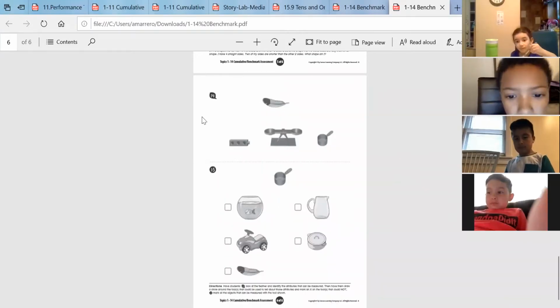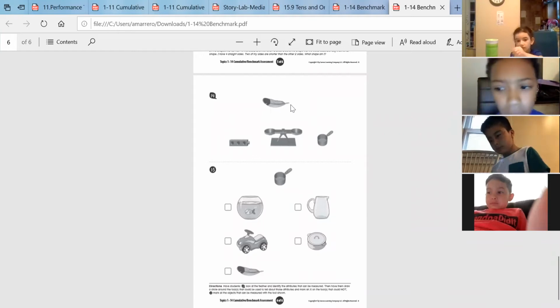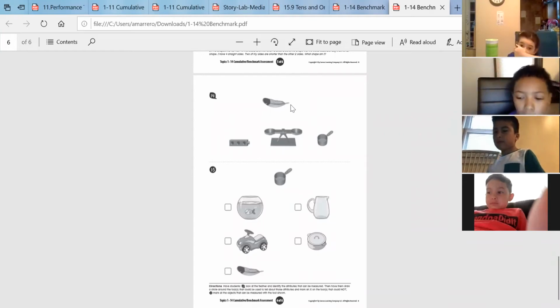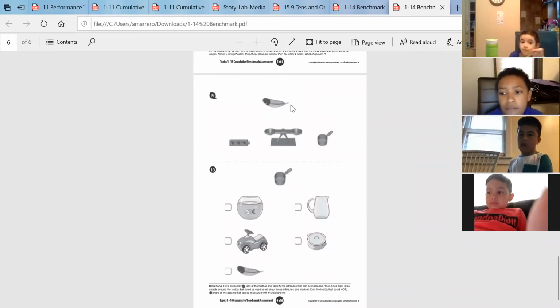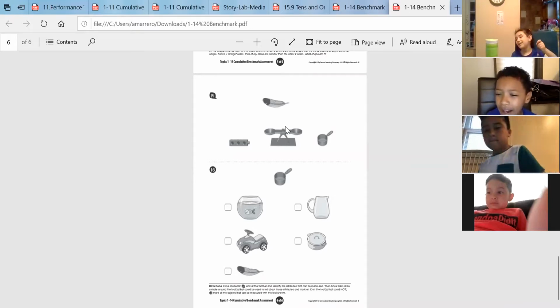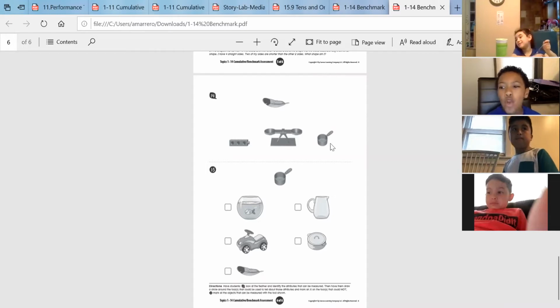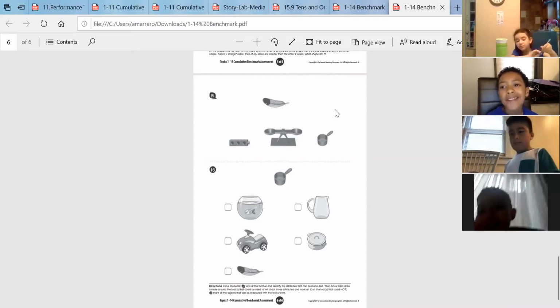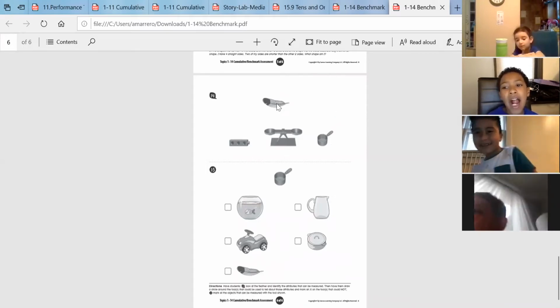Then we have 14. We have this beautiful little feather. I wonder if it's from the ptarmigan that we talked about this morning. And then it asks, what tools can we use to measure the feather?